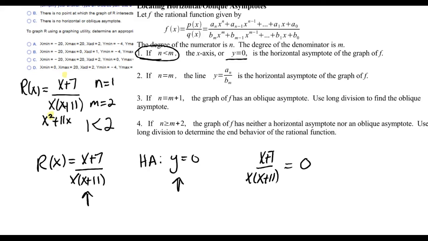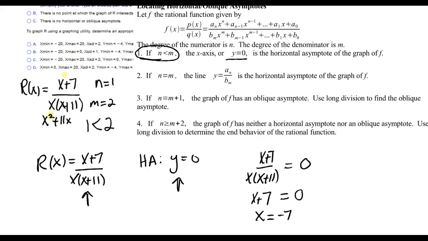If I solve, I would multiply both sides by the denominator. It would cancel out, leaving me with x plus 7 on the left. On the right, when I multiply by that denominator, it multiplies by 0, giving me 0. And I solve and I get x equals -7.